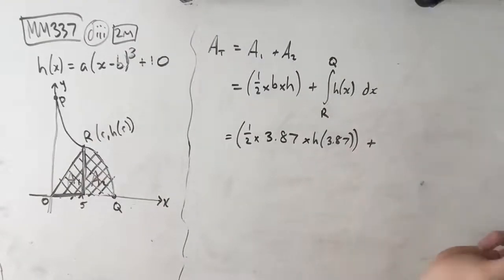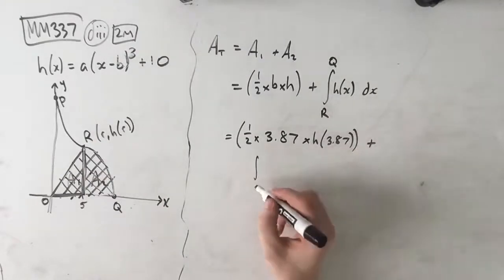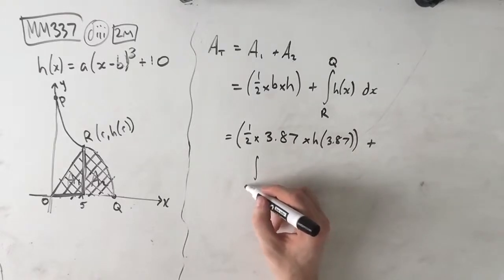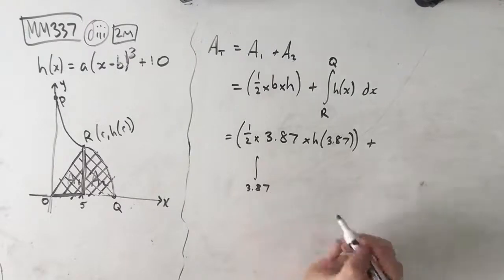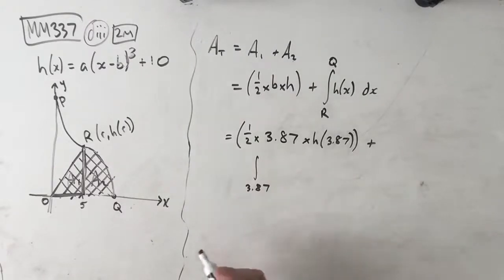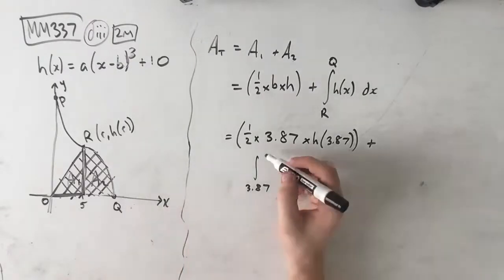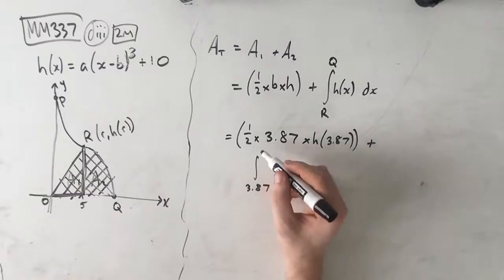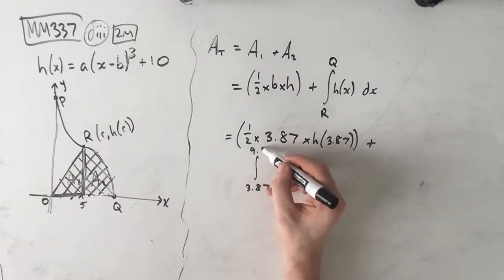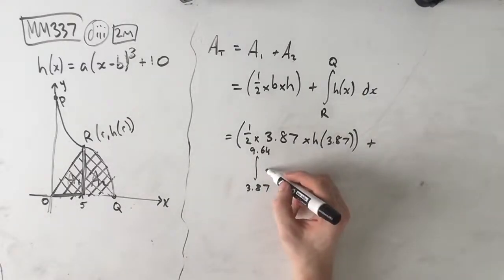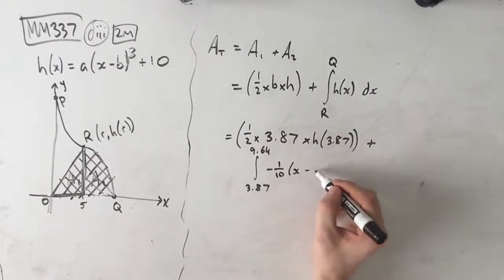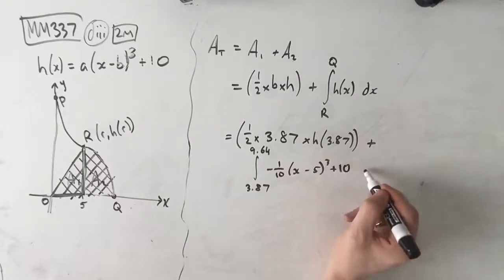Then we add our integral from R to Q, where R is 3.87 and our Q value is 10 to the power of 2/3 plus 5, which approximates to 9.64, of h of x, which is -1/10 (x - 5)^3 + 10 dx.